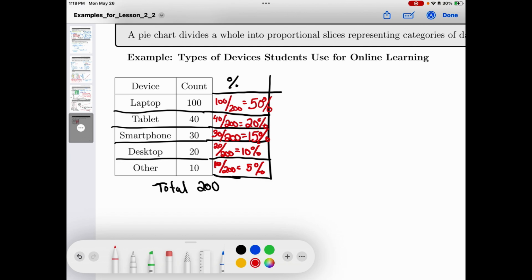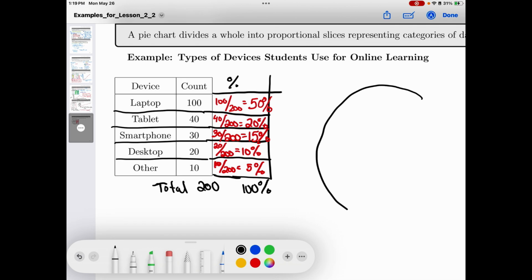So this is how we want to break up our categories. Something that I highly suggest is that you add up all of your percentages to make sure that it gives you a total of 100, to make sure that you didn't make a mistake with your arithmetic. So if we take 50 plus 20 plus 15 plus 10 plus 5 and add all that up, we should have a total of 100%.